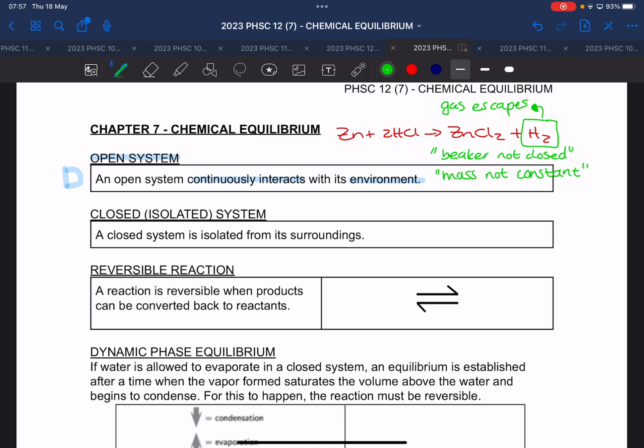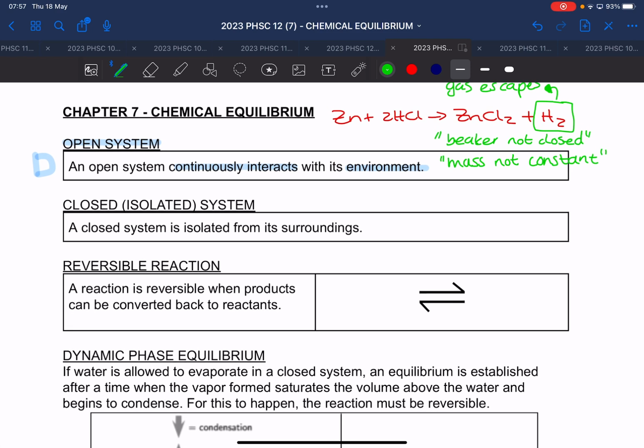Or they'll say the mass of the beaker is not constant because it has a certain mass and then the gas is allowed to escape. It goes into the atmosphere, so it's not constant. Then the next concept is a closed, or we prefer the word isolated, system. That is where the system is isolated from its surroundings.